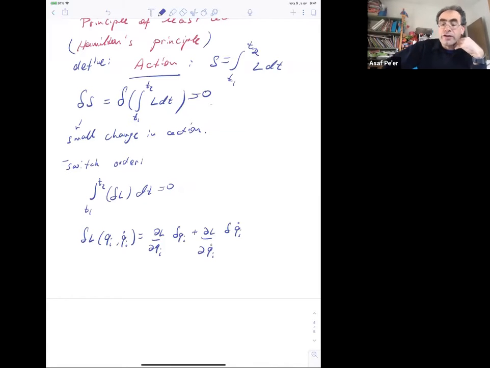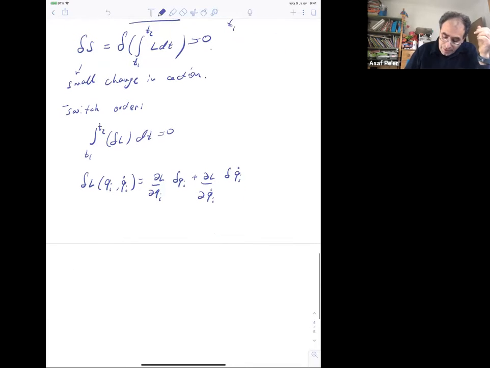That's the only possible variation of delta L, unless L is depending on time directly, which is not. And what we're left with is to integrate by parts and use the fact that the change in the coordinate delta q_i must be 0 at the boundary.